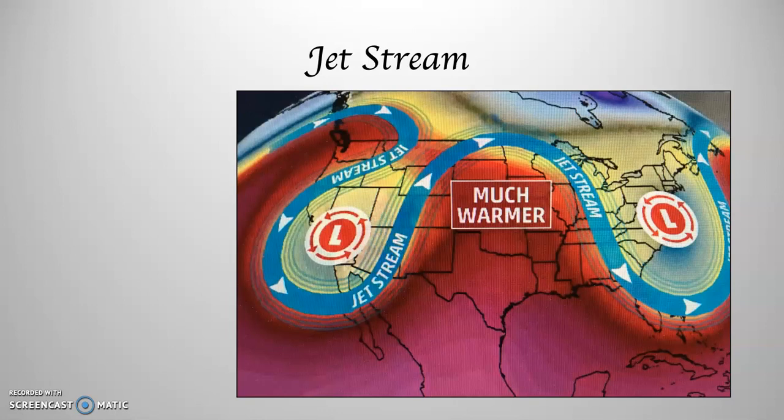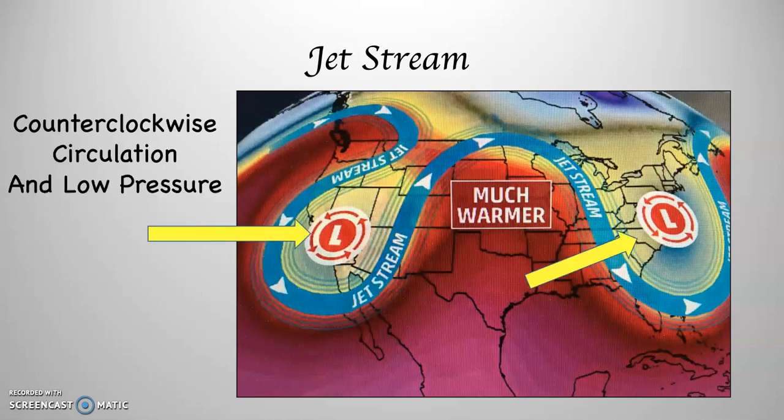And you can see the same thing happening on the East Coast, where as the jet stream swirls around, it's swirling in the same direction that the low pressure system is moving. So as long as those pressure systems are wrapped up in the jet stream, they are kind of the subject of the jet stream. See that circulation there?